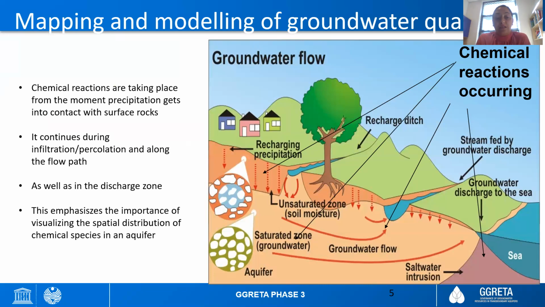This emphasizes the importance of visualizing your study area, if it's a regional or relatively large one, where you've included the recharge and discharge zones. You would need to spatially visualize the entire area to account for those chemical reactions that may be taking place.